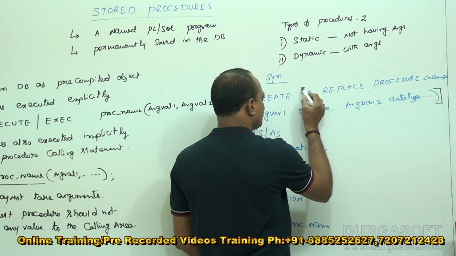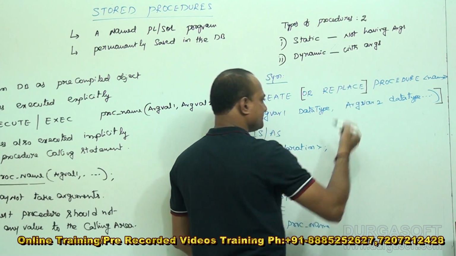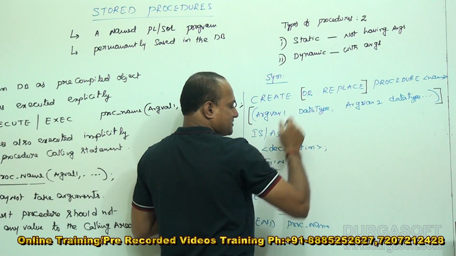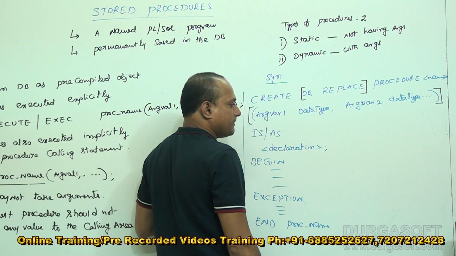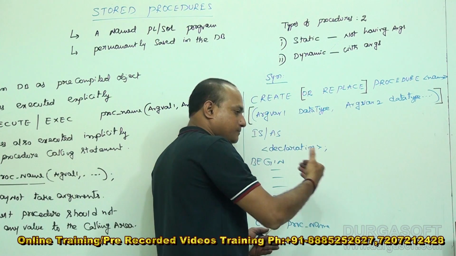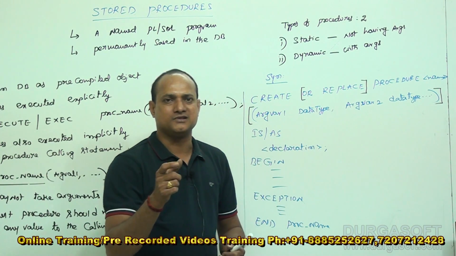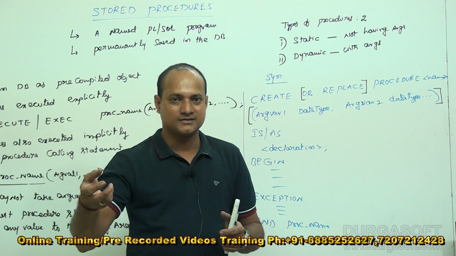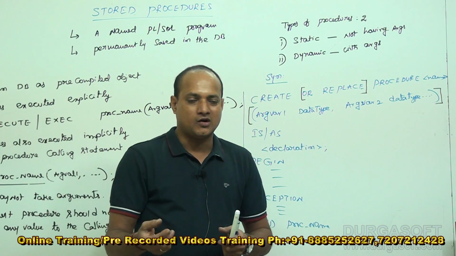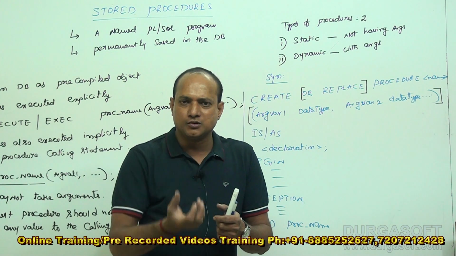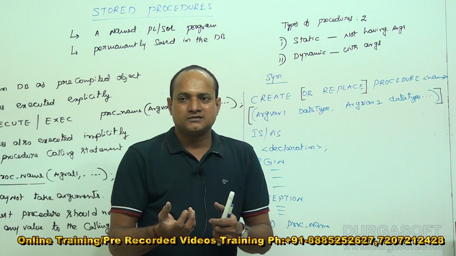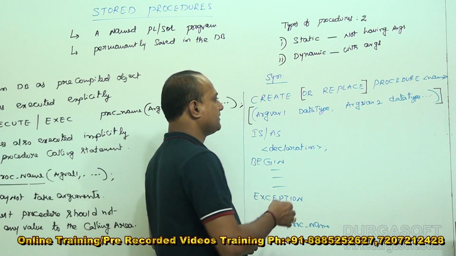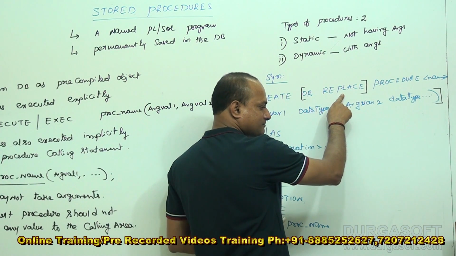So you are creating a procedure newly. Then you don't need or replace. You don't specify or replace. If you want to replace old procedure, already P1 is a procedure. Let us assume P1 is a procedure already created in the database. I want to modify that, or I am applying some new logic. So I want to replace the old logic with new logic. Then specify or replace.